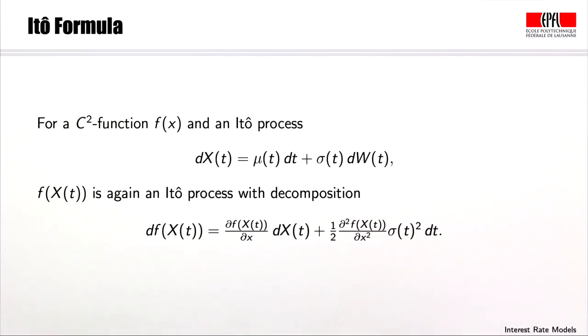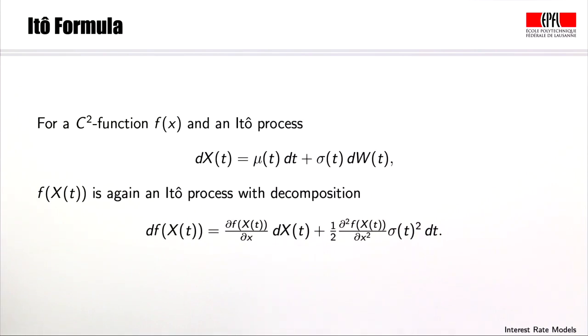The core of stochastic calculus is the Ito formula. It states that for a C2 function f, meaning the function f is twice continuously differentiable, and for an Ito process xt, which is given in differential notation here, the composition f applied to x is again an Ito process with decomposition given by that.